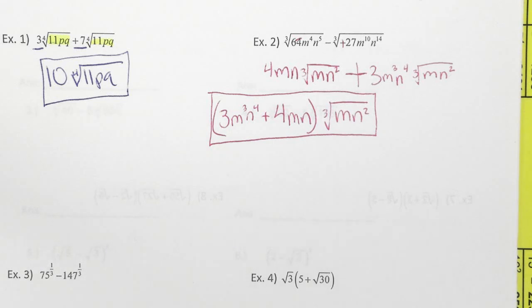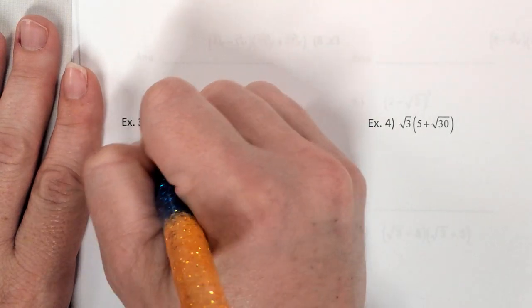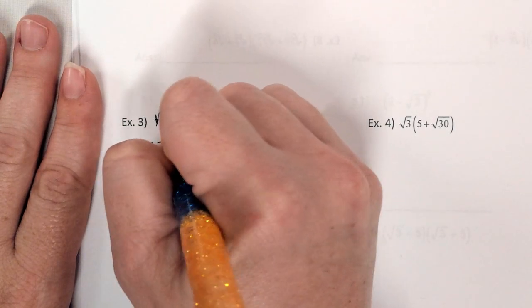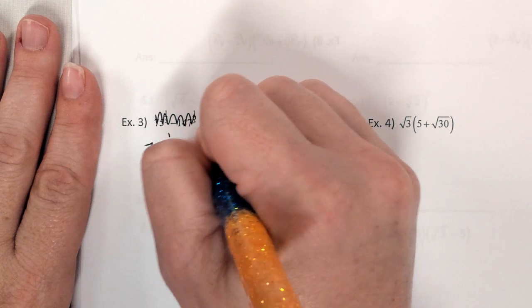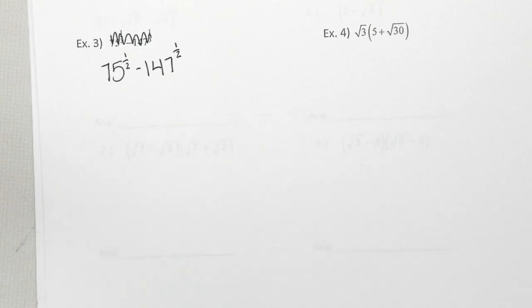Okay, number 3, we're going to change this problem a little bit. We're going to change it to 75 to the 1/2 power minus 147 to the 1/2 power, not to the 1/3.